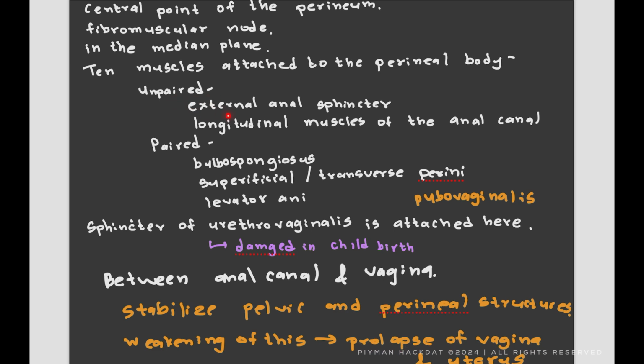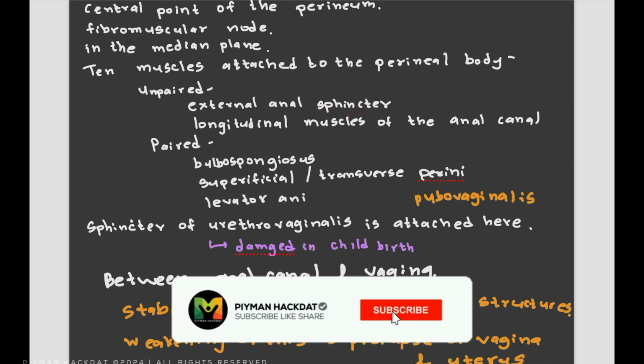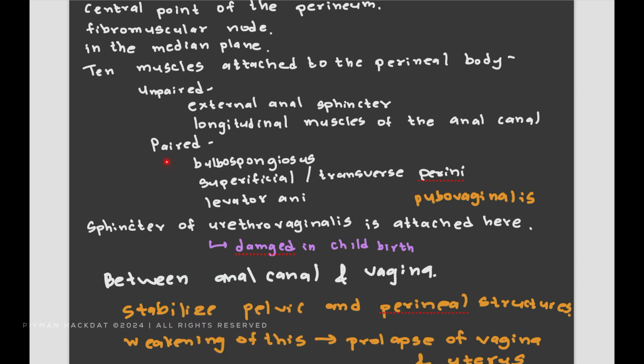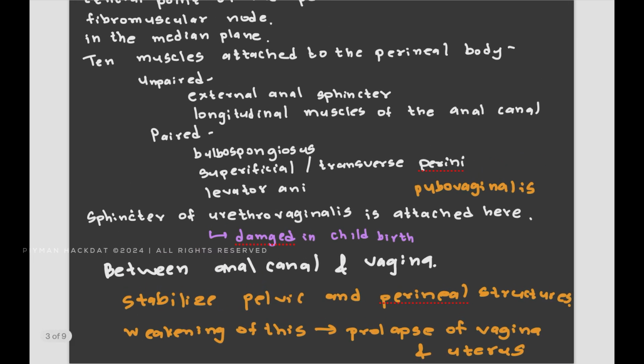The unpaired muscles are the external anal sphincter and the longitudinal muscles of the anal canal, and the paired ones are bulbospongiosus, superficial transverse perinei, and levator ani. The sphincter urethrae and sphincter vaginae are attached here as well, and this can be damaged in childbirth.